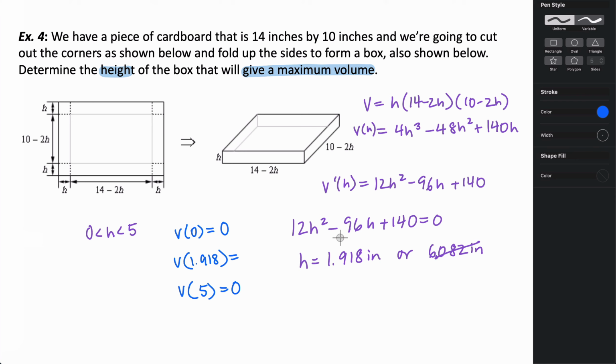And we get 120.164. So that is the volume. So since it's positive, that means that this value is the maximum. So this right here is the height that maximizes the volume.